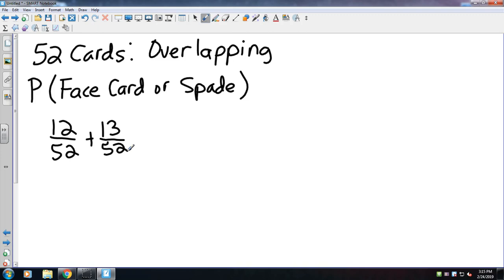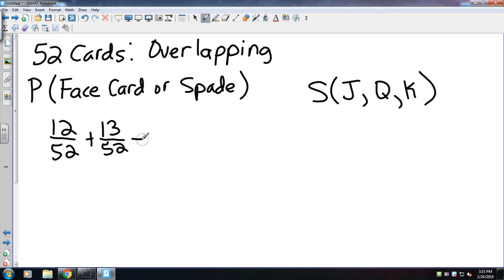And so in a true overlapping event, we will have to subtract the ones that meet both requirements. So if I have spades, I have 3 face cards, a jack, a queen, and a king that are spades. So 3 out of those 52 meet both requirements.